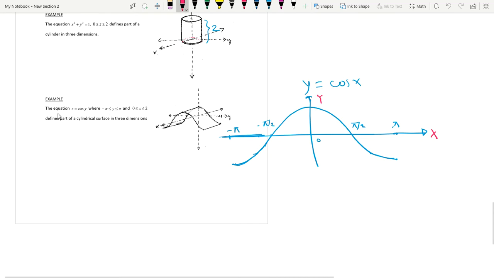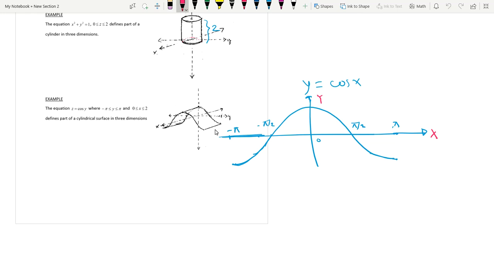Now for the last problem for today's lecture, the equation z equals cosine y, where y varies from negative pi to positive pi and x varies from 0 to 2, defines a part of a cylindrical surface in 3 dimensions. So this defines a cylindrical surface, this type of cylindrical surface in 3 dimensions.